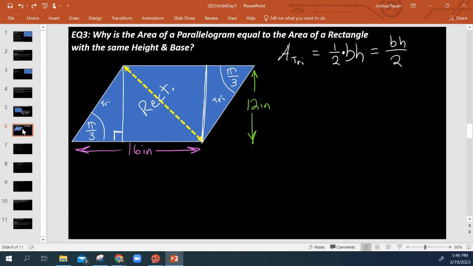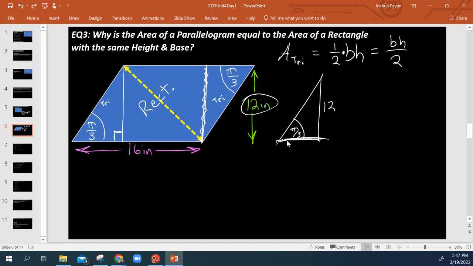So first, we need to know something about the triangles. If I draw one of them separate, they're both identical. I know at least that the height of each triangle is going to be equal to 12 inches. The problem is, all I know is this angle is pi over 3, and I don't know the base, which I need for the formula.